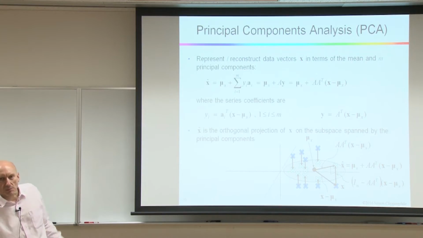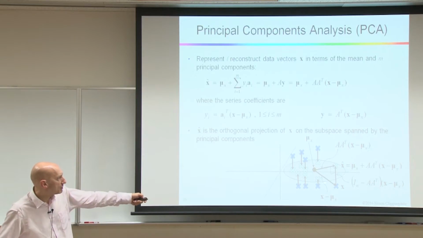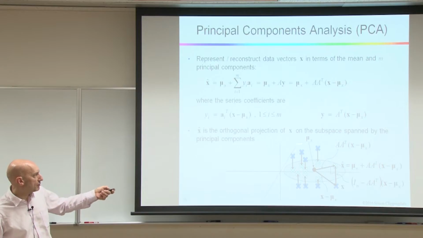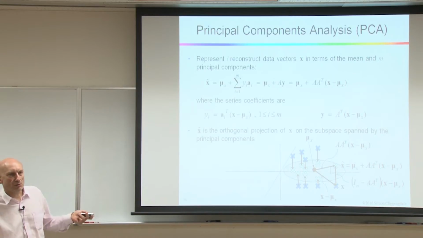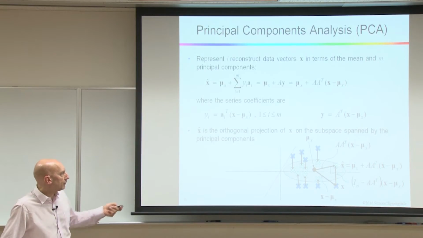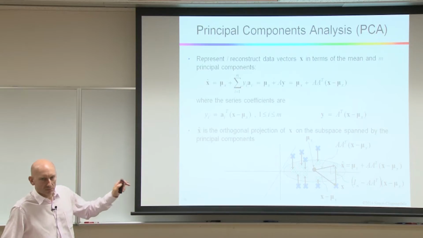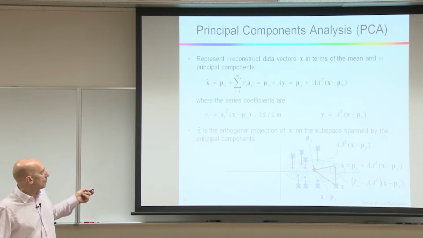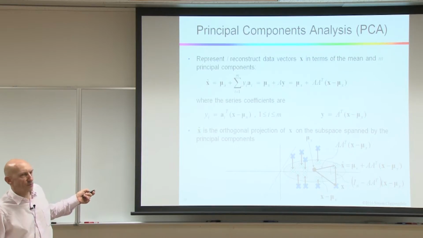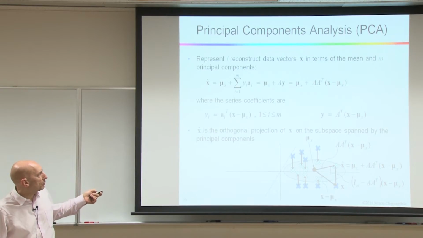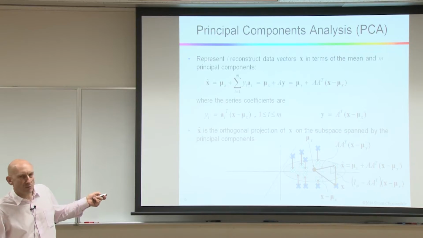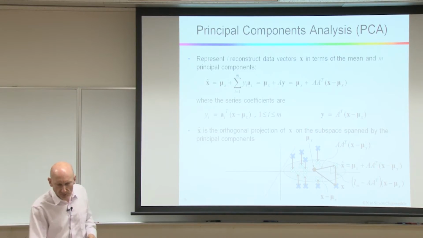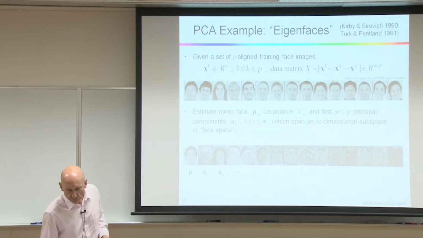I've shown this in 3 dimensions with the subspace in 2 dimensions. If you wanted to encode this 3-dimensional data using only 2 coordinates, again, these would be the best ones to pick. So mathematically, your reconstruction is the orthogonal projection of your input signal onto the subspace defined by the principal components.